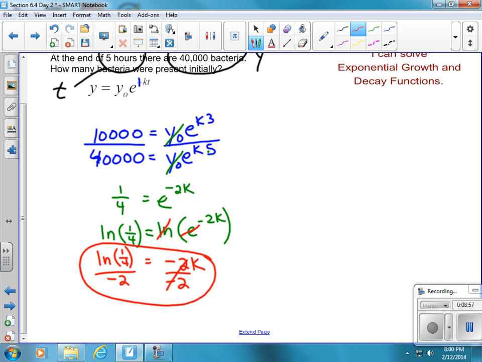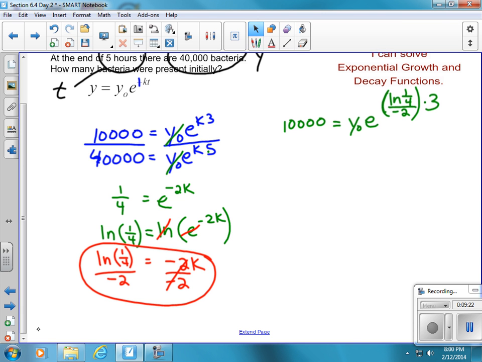Now, that's not really what we were looking for, though. We're looking for y sub 0. So we're going to go back to either one of our equations that we started with, and we're going to take k equals ln of 1/4 over negative 2. If you want to make this into a number, that's okay. Times, in this case, it was 3.